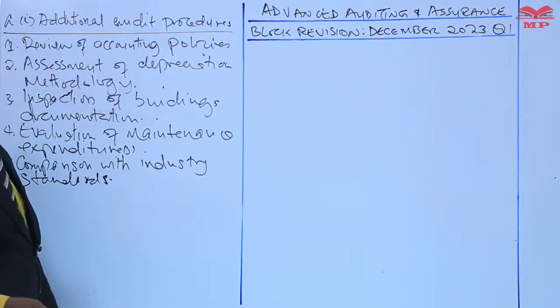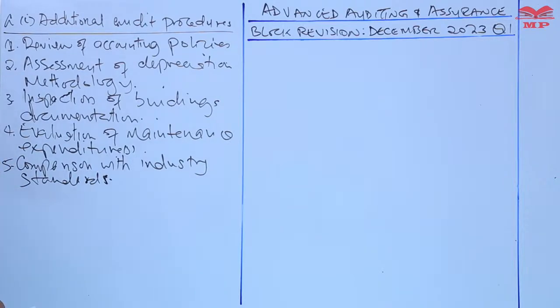What are the industry standards? That means that the auditor should do what we call benchmarking. Benchmark the company's depreciation policy and practices against industry standards and norms, and consider factors such as the average useful life of the buildings in the industry sector and also the common depreciation rates used by peer companies.